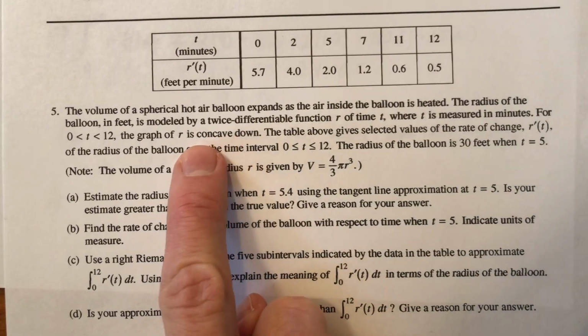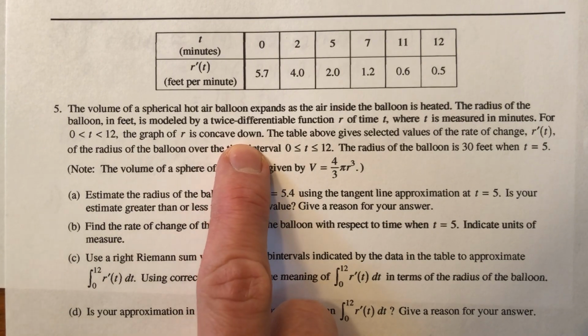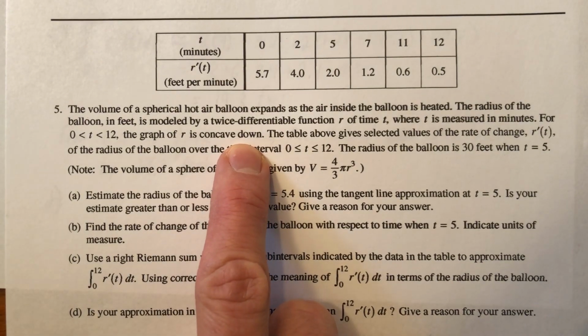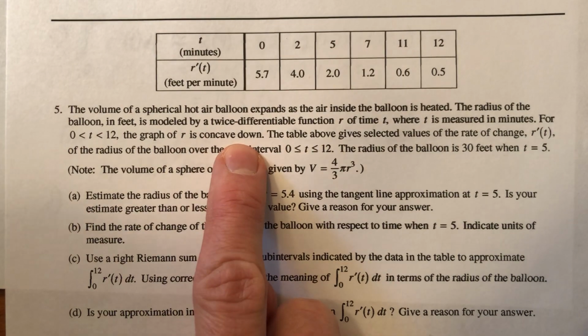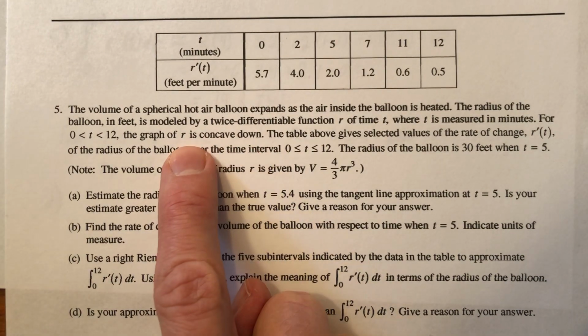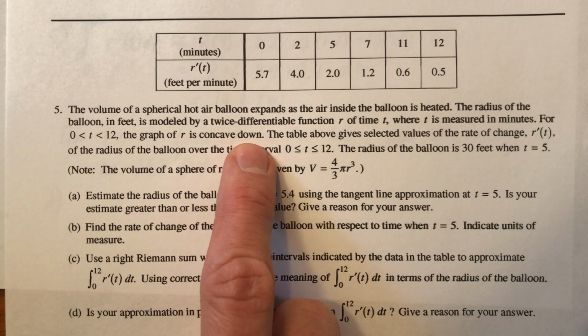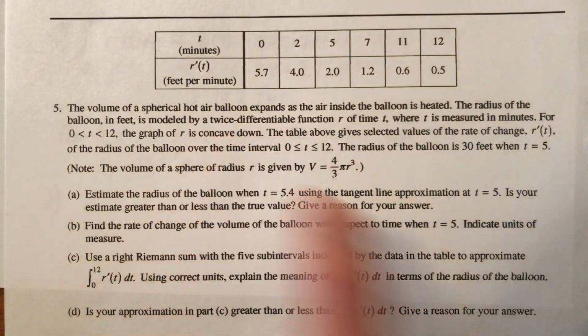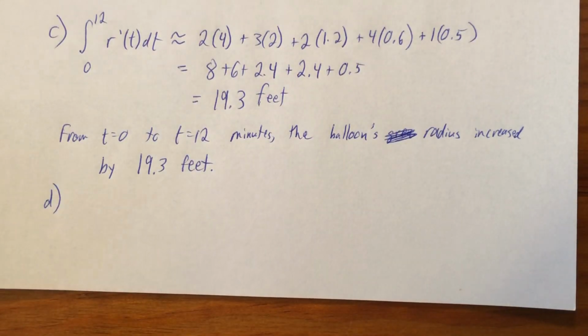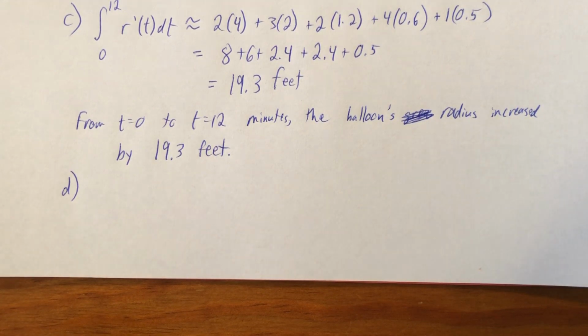Let's go back to this phrase right here. It's concave down. This is going to get wordy, but here we go. If R is concave down, then R is either increasing at a decreasing rate or decreasing at a decreasing rate. Okay, let's put this in context here. I'm going to go ahead and start writing the actual answer.